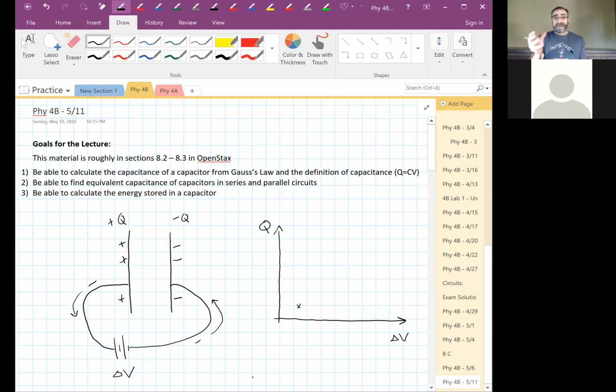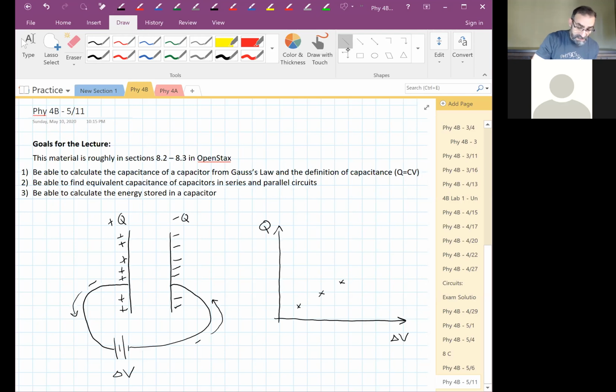Now you crank up the power supply a little bit, or you get a bigger battery, and it's able to move some more charges over. So it does. It moves a few more charges, and we get a data point that's up here maybe. And then we crank up the power supply some more, or put a bigger battery in, and more charges move. And we get a data point up here maybe.